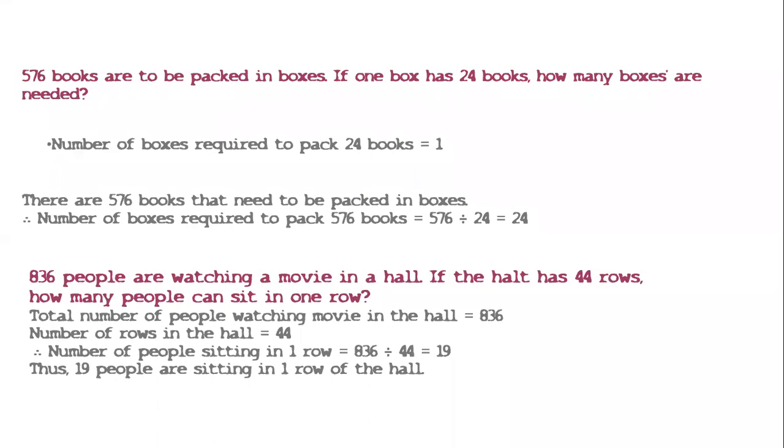24 boxes. The whole chapter is about division. Just keep on dividing and check the answers. 836 people, 44 rows.